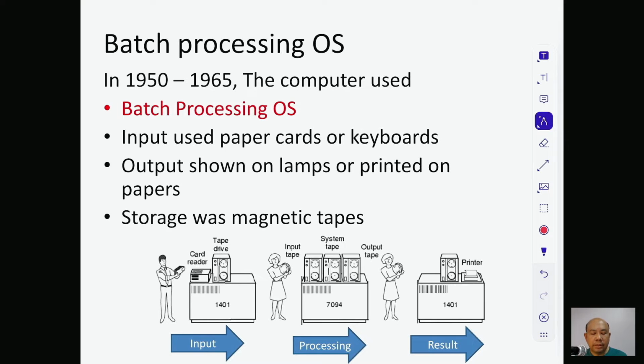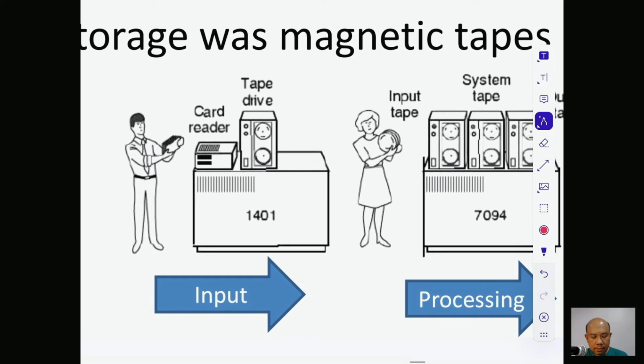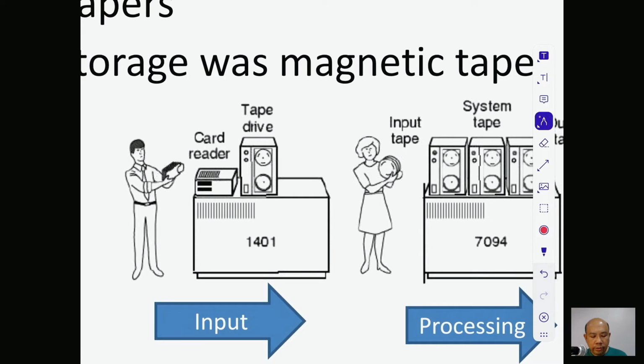For the batch processing operating system, from 1950 to 1965, computers used this type. Look at the picture here. A user brings a card reader, that is a paper card, writing code or data, and puts it on the card reader.